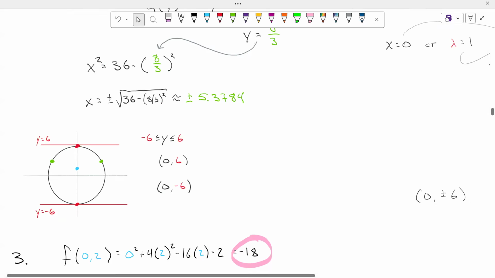Maybe you're preparing for the exam at the last minute, and you're wondering, why didn't we need to check (6, 0) and (-6, 0), the left and right endpoints of this circle? Strictly, we don't need to check them because they cannot be the maximum or minimum, since they weren't boundary points of the circle as we parameterized it.